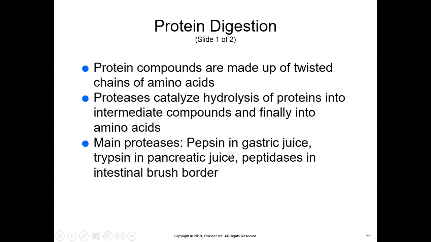We have pepsin, found in gastric juice, trypsin in pancreatic juice, and then peptidases in the intestinal brush border. That's on the villi in the duodenum of the small intestine. The villi have a couple thousand small hair-like extensions called the intestinal brush border.